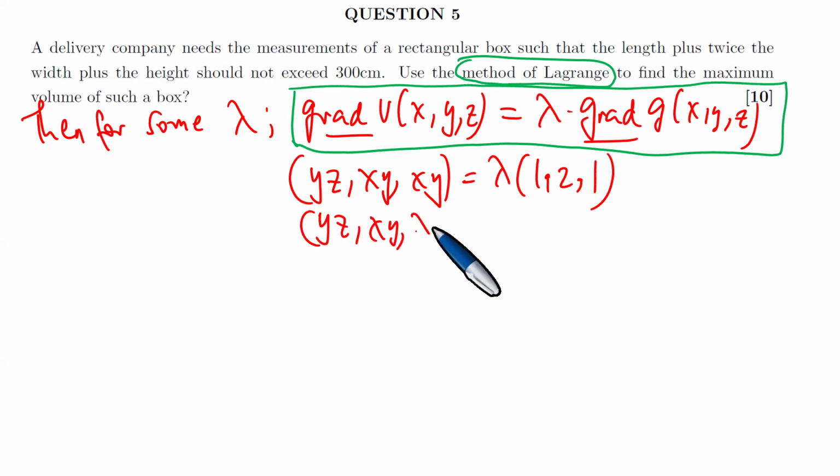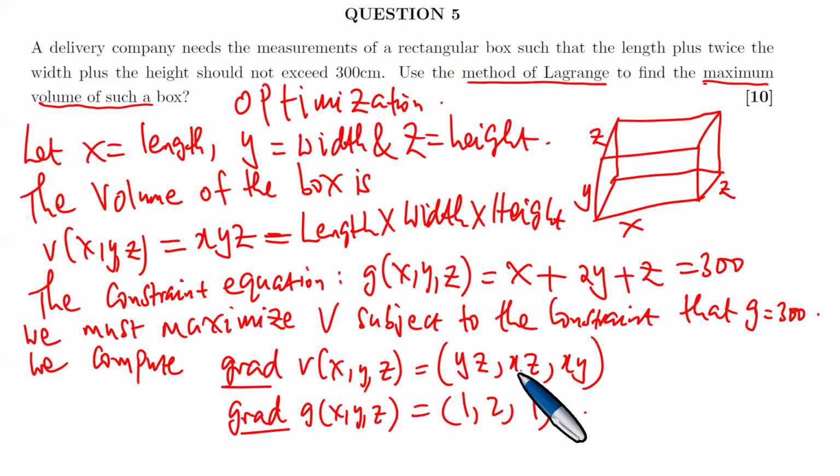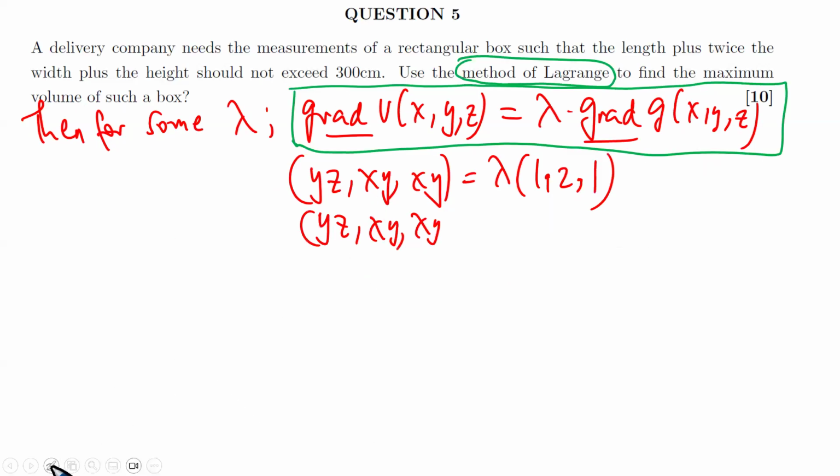So this one is yz, this one is xz, and this one is xy. Multiply 1 by lambda, 2 by lambda, and 1 by lambda.